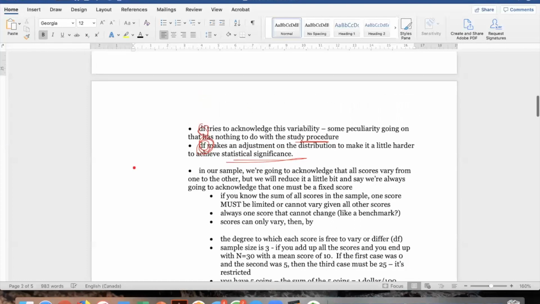Okay, so when we have our little distribution curve here, and we've got our mean and our standard deviation, and our t-score comes out here.